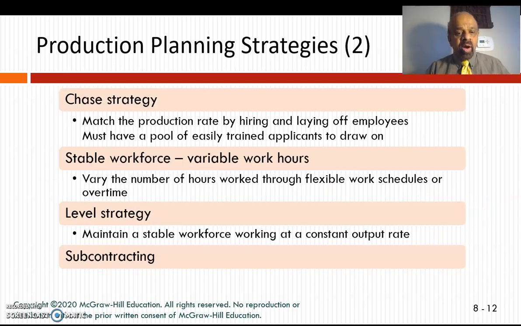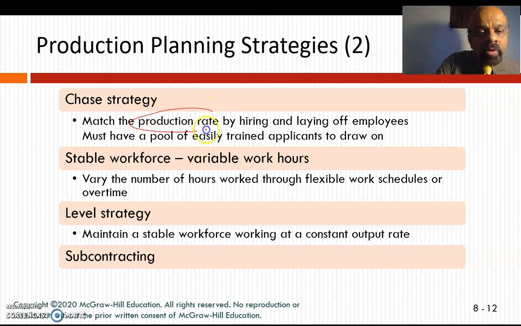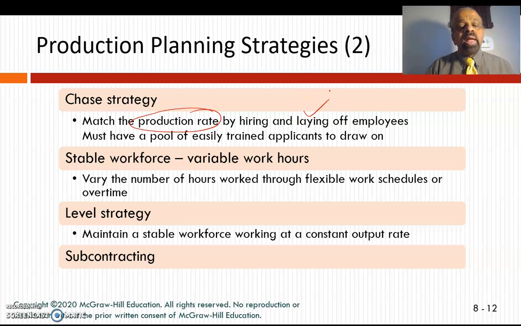We're going to be talking about a few things here. One is a chase strategy. We're going to have a production rate, and we're going to match the production rate by hiring and laying off employees. Then we have a stable workforce, but we are going to vary the number of hours worked through flexible work schedules and overtime and things like that.